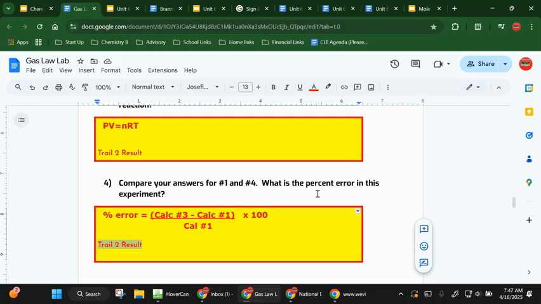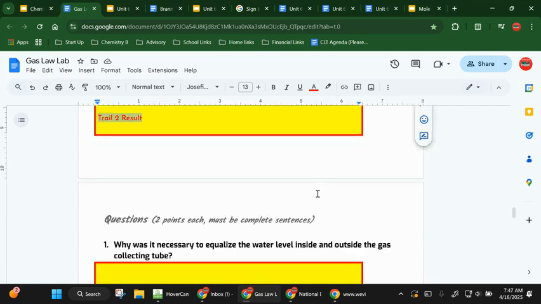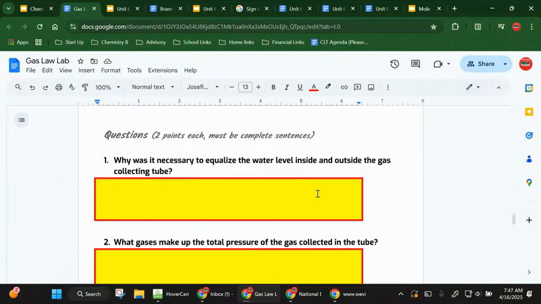Now, I also just answered all 4 of the questions for your lab after this. I talked about why we equalize the water level inside this gas collecting tube and inside here. It is the only way we can find something. You need to tell me what it is the only way of finding. What gases make up the total pressure of the gases collected inside the tube?